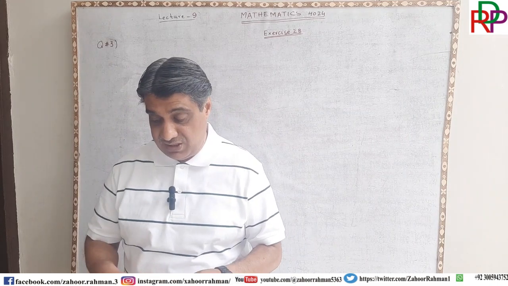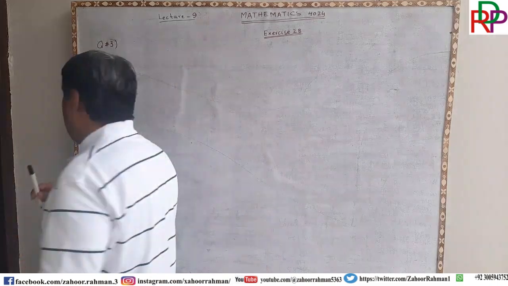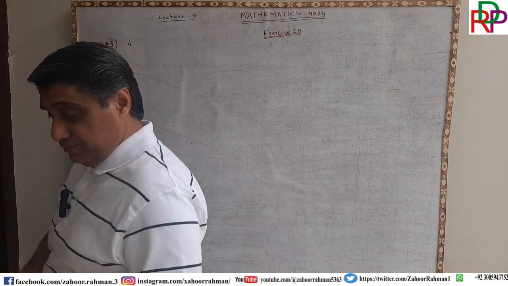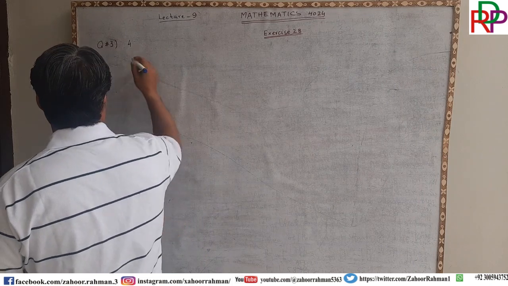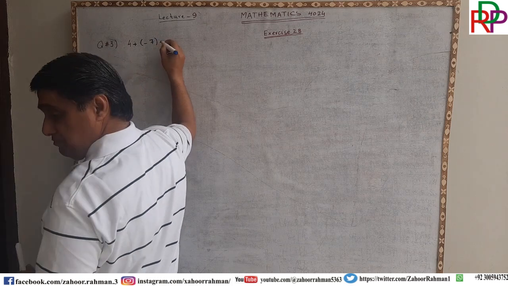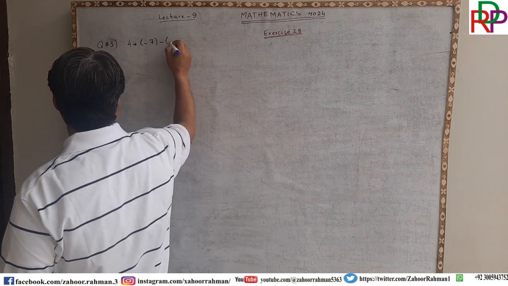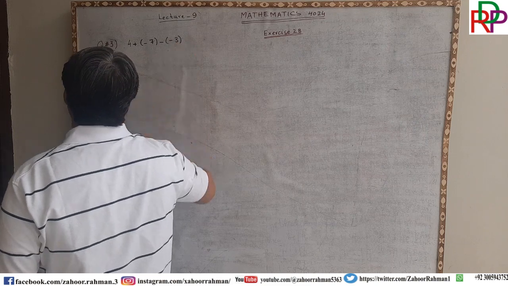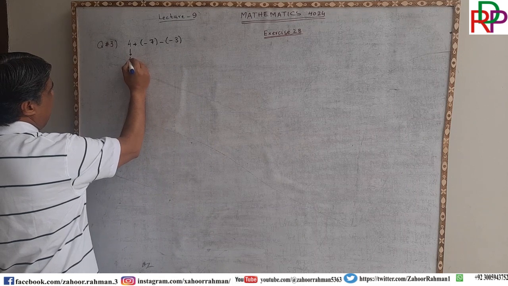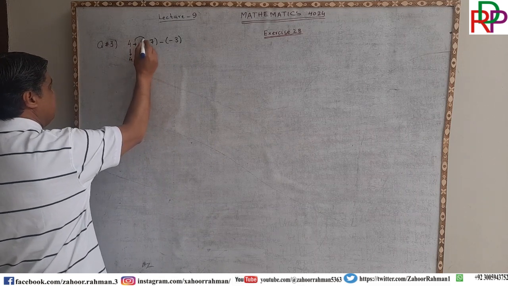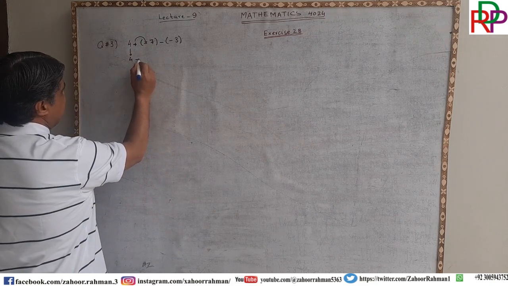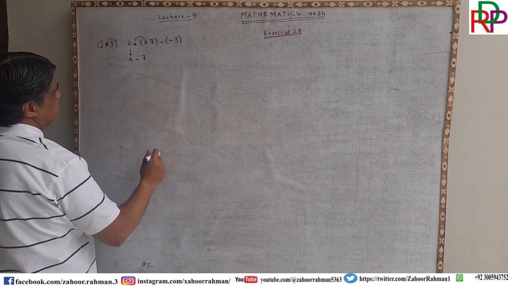The question number 3 is saying 4 plus minus 7, 4 plus minus 7 minus 3. So first of all, we have to write this 4 on its place. When we multiply this plus with the minus, it will become minus and then 7.